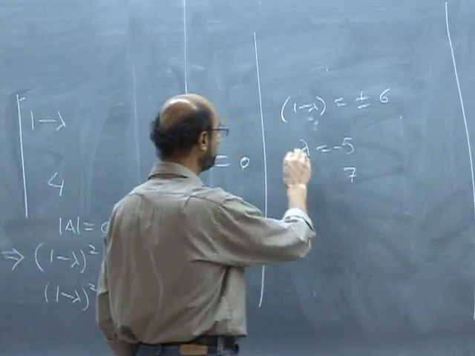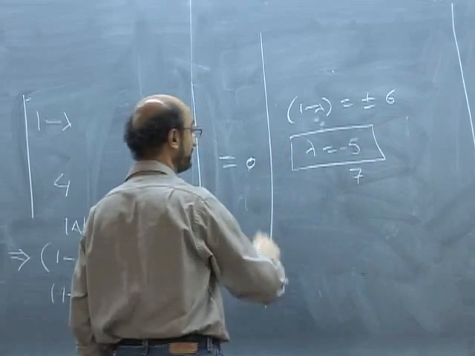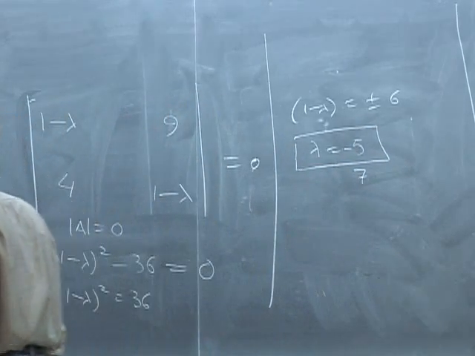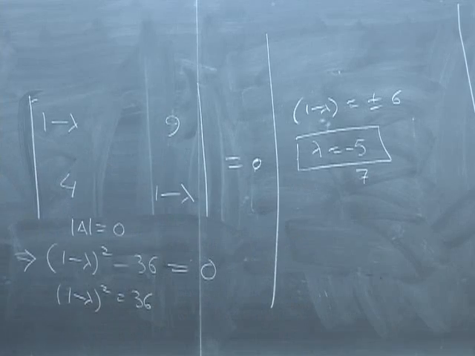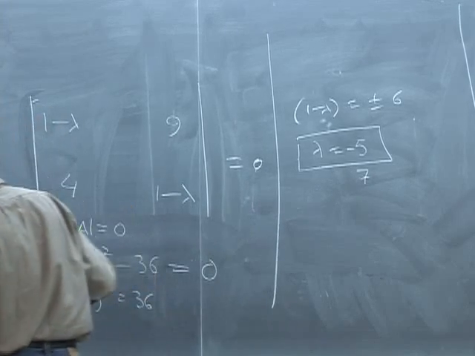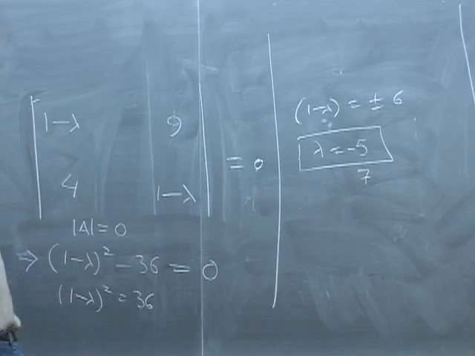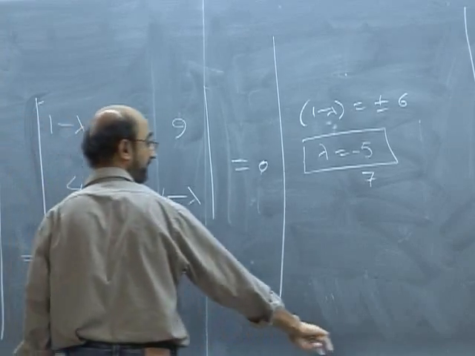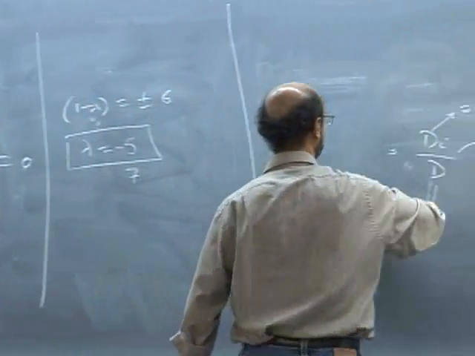So now let's just focus on this one, lambda equals minus 5. To find what that vector is, we'll go back and put it over here. So we have (1 minus lambda) x1. Let's just do that.